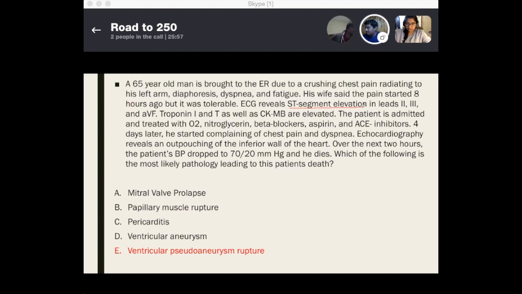So let me ask you this. Which leads? The leads are 2, 3, and AVF. So where is the MI? Which location is the MI? Inferior. Yeah, inferior. So what's the artery that does the inferior?